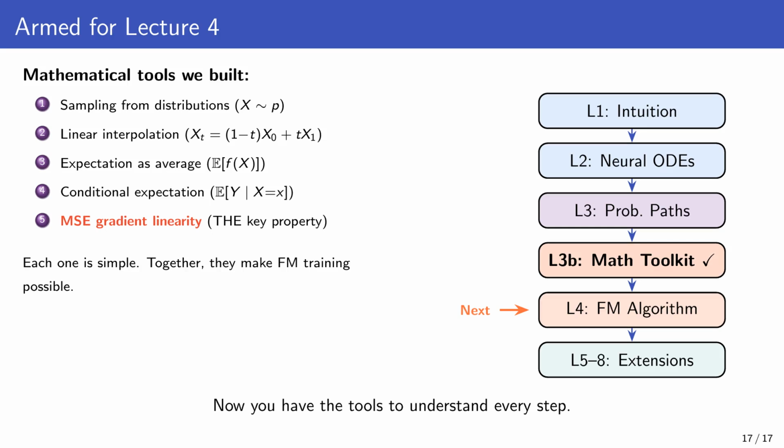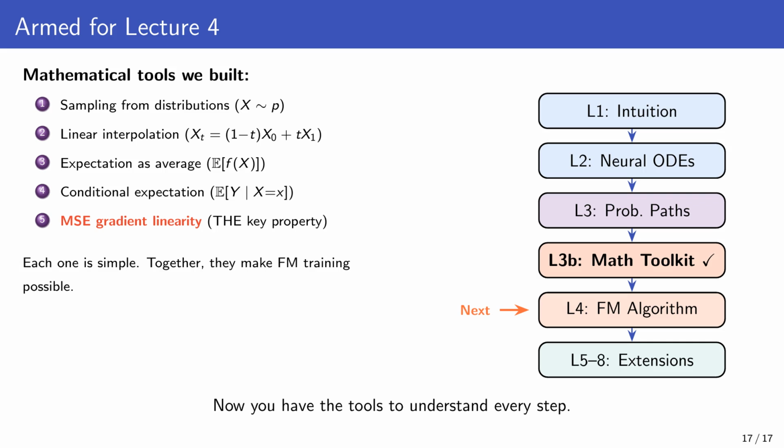Let us recap what we built in this lecture. 5 mathematical tools, each simple on its own, but together they form the complete foundation for the flow matching training algorithm. Sampling from distributions, how to draw noise and data points in PyTorch. Linear interpolation, how to walk from noise to data in a straight line and how the velocity is constant.